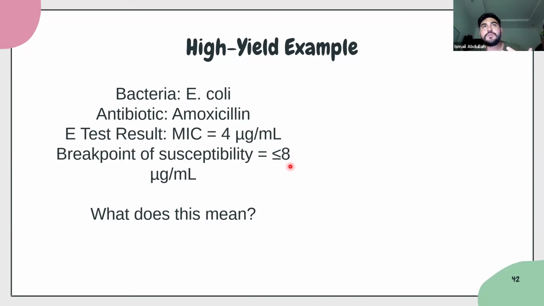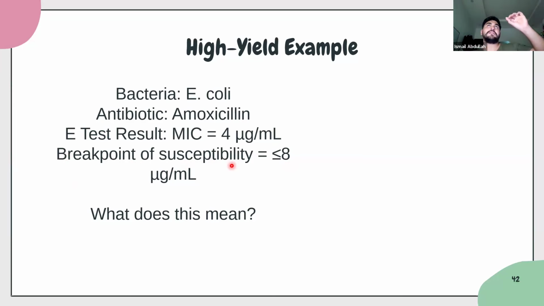So what if I told you that I'm using a concentration of 10 to treat E. coli? I mean, the same concentration, for example, I used to use 5 micrograms per milliliter of amoxicillin to treat E. coli, to kill the growth of bacteria on that petri dish. Now I'm using 10, for example, or even 12. This means that it's higher than the breakpoint of susceptibility.